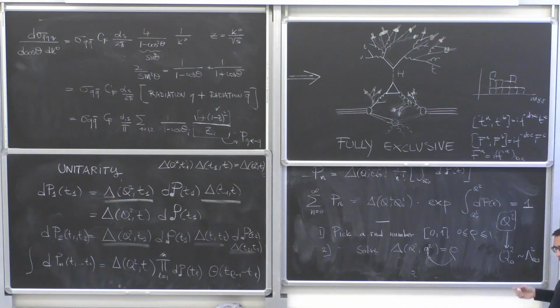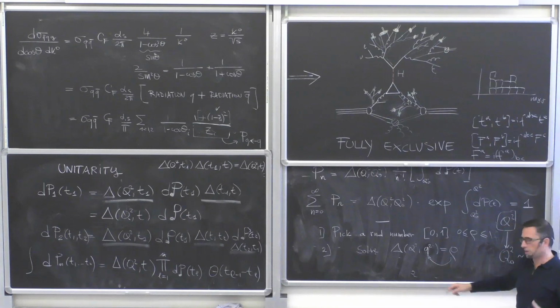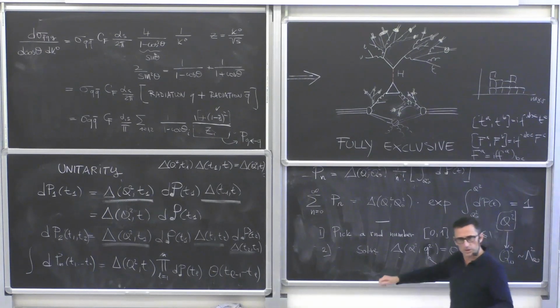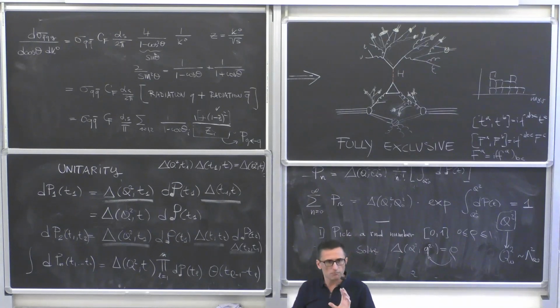So I generate a random number, I solve, I find Q squared. If small Q squared is above Q0, I generate a branch, I associate a branching at this scale. I generate a Z fraction of momenta following the Altarelli-Parisi splitting function distribution.